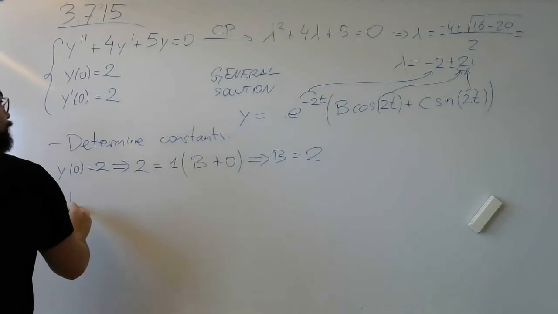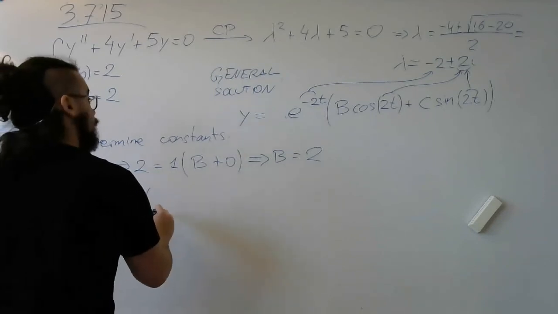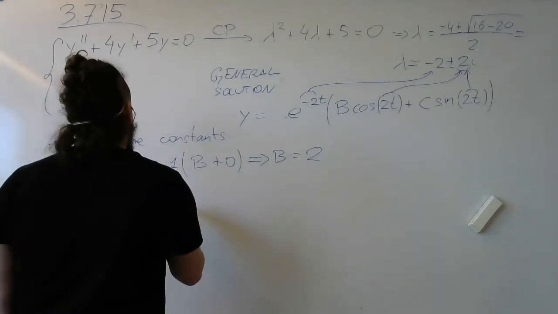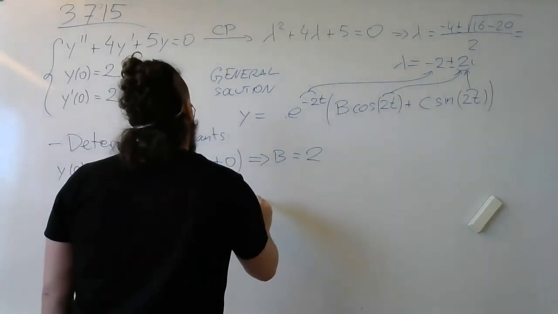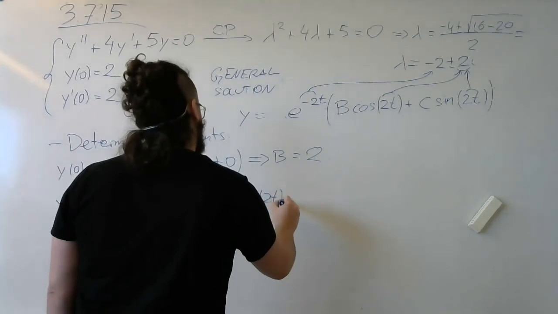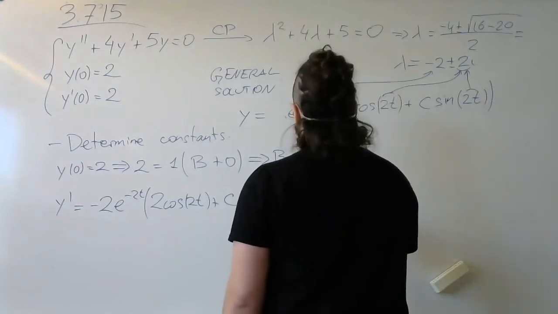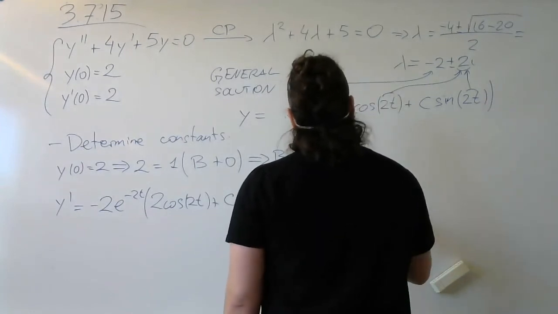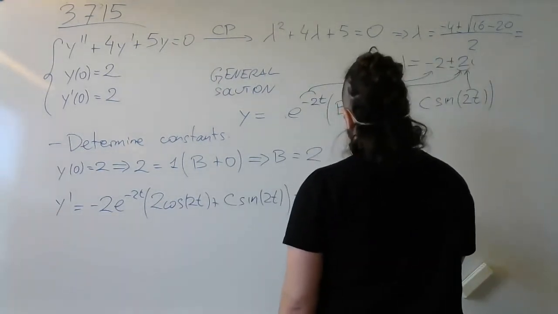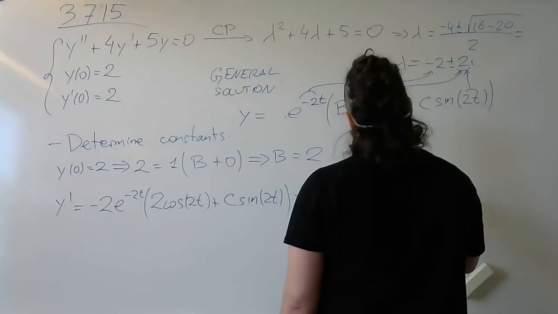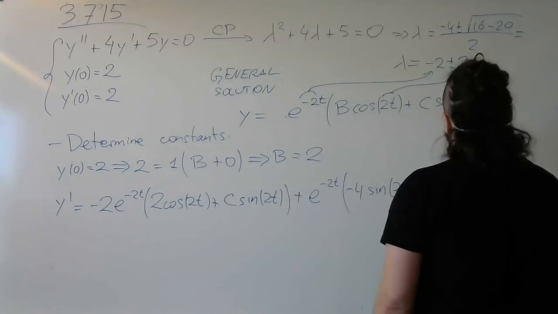Now y prime is minus 2 e in power minus 2t times 2 cosine of 2t plus c sine of 2t, plus e in power minus 2t that multiplies the derivative of all of this, which is minus 4 sine of 2t plus 2c cosine of 2t.